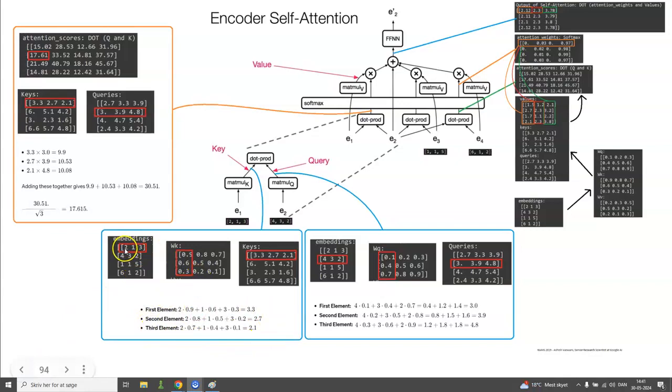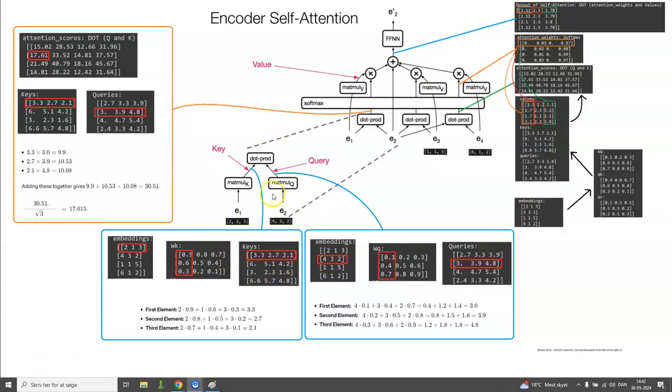You say 2 times 0.9, 1 times 0.6, and 3 times 0.3 gives us 3.3, which is this value. Then we move to this place, 2 times 0.8, 1 times 0.5, and 3 times 0.2 give us 2.7, and then last we go to this area, and we get 2.1.